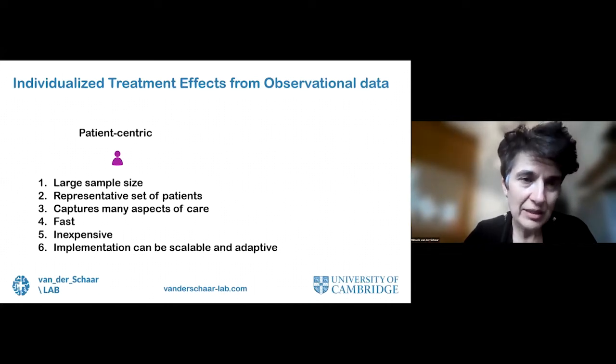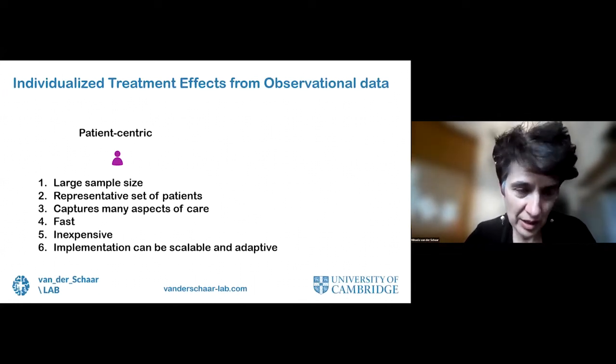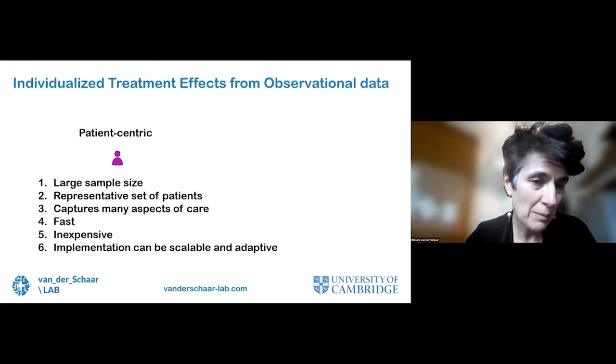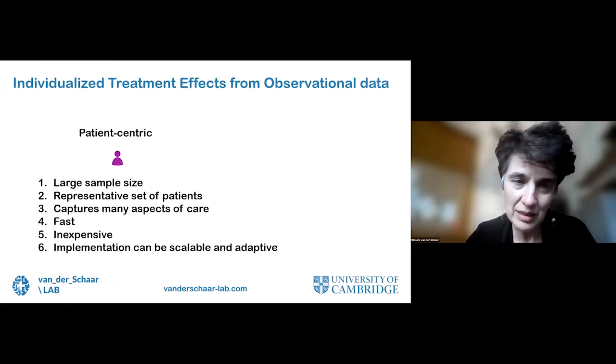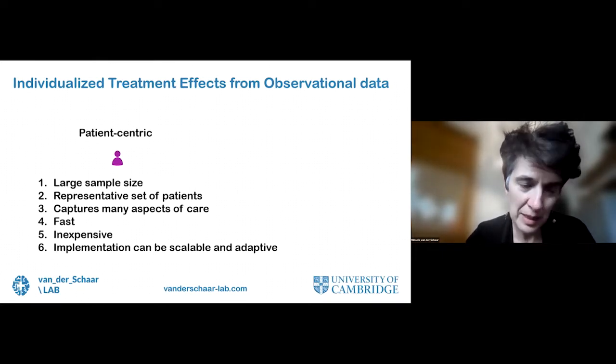So an alternative is to learn from observational data, which comes in forms of electronic health records, clinical registries, and other such sources of data. They are large sample size, and they do contain representative patients, and they do capture many aspects of care.